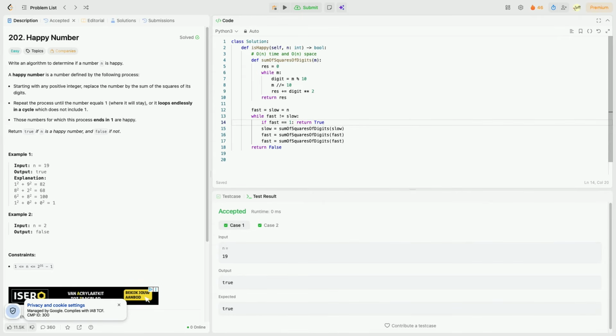So if fast is equal to 1, we return true. And that's pretty much it. Now what we've done is we've reduced the space complexity to constant space. And the time complexity still depends on the maximum length of the cycle, or the maximum iterations to reach 1.